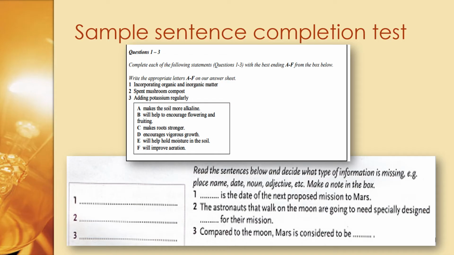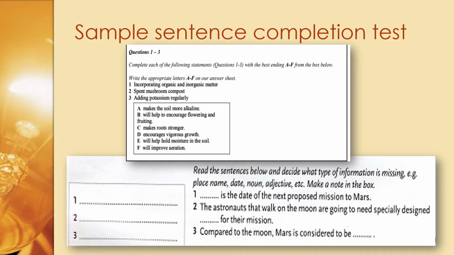Now here are 2 variations of the sentence completion type of test. You may be asked to choose from multiple choices and write the letter of your answer to complete a sentence, or actually write a specific word, just like in the example below the first one. Remember also that for completion type of test, grammar matters.